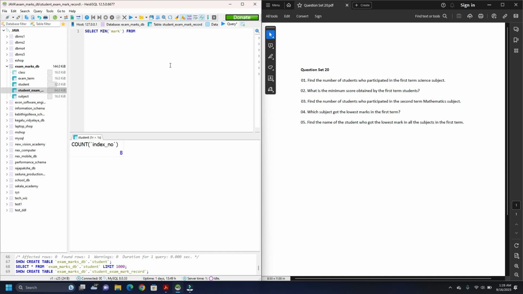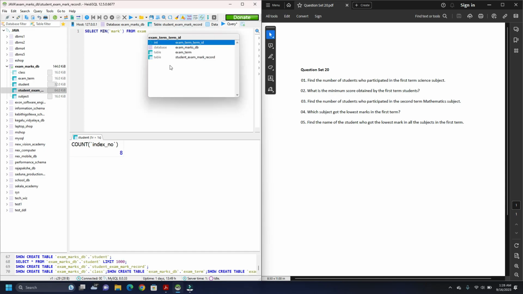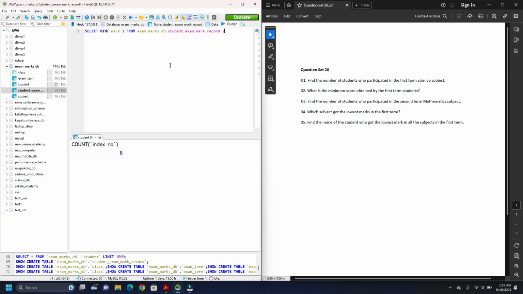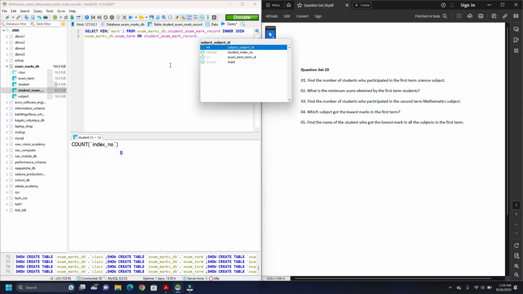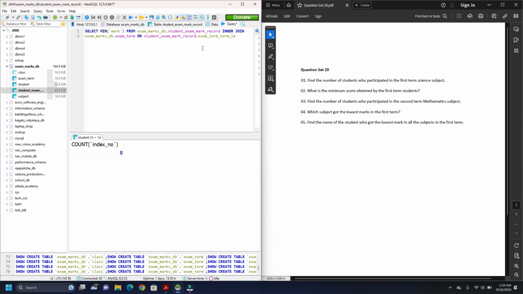From the table is student exam mark record, and then we inner join that table with the exam term table, and those two tables join on exam term ID from the student exam mark record table and term ID from the exam term table.